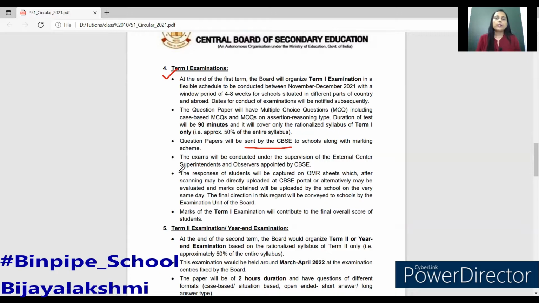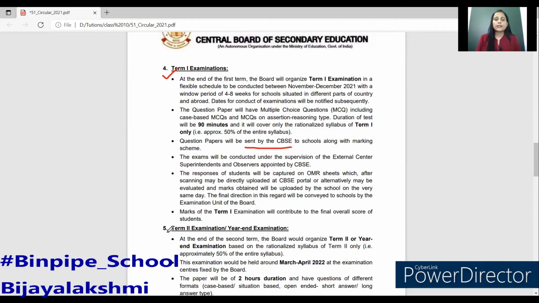It will be uploaded on the CBSE portal on the same day. So that becomes the assessment of term 1. But it doesn't mean that it won't contribute to any of the marks in the board exam. Yes, it will contribute to the overall score of the student.